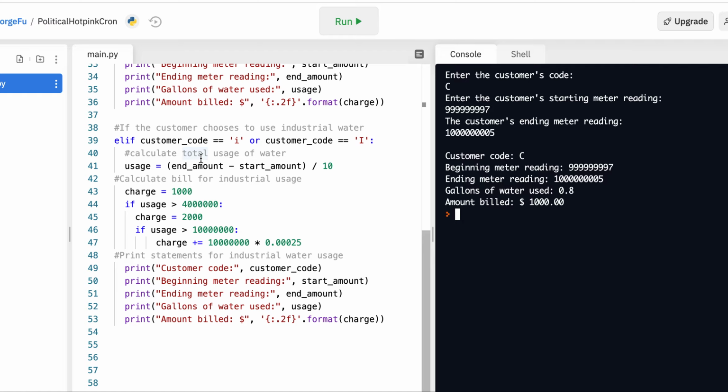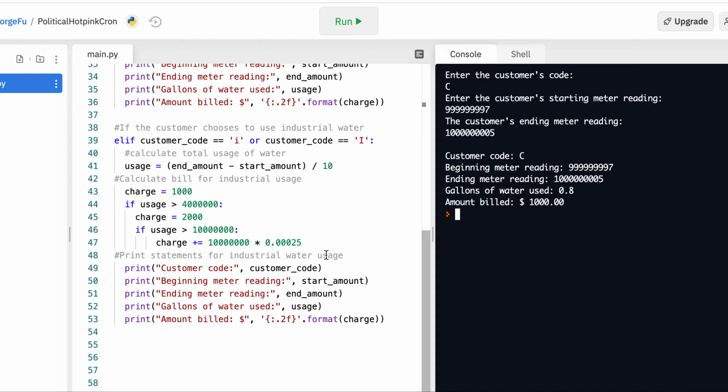We start with charge equals 1,000, and if usage is greater than 4 million, charge is 2,000 as specified, and if usage is greater than 10 million, it will be 10 million multiplied by 0.0025. That's what was given in the specifications in the rubric, and we just had to follow and put it in our code.